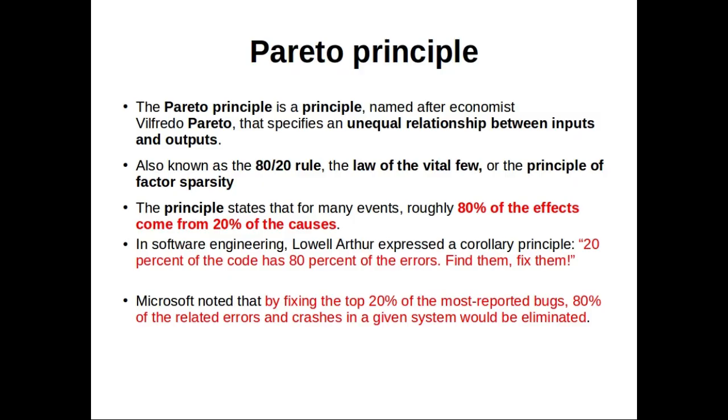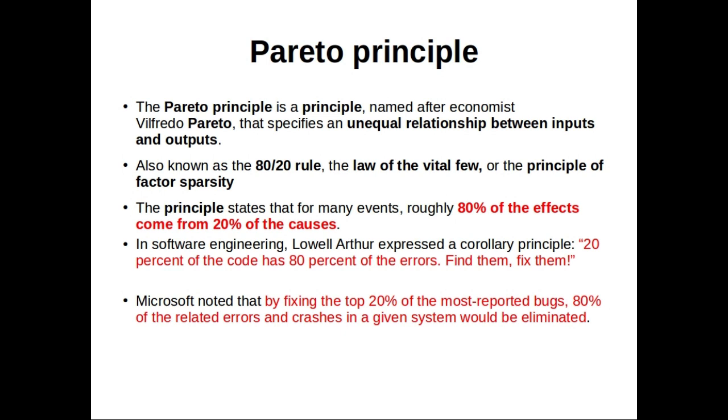Pareto principle. The Pareto principle is a principle named after economist Vilfredo Pareto that specifies an unequal relationship between inputs and outputs, also known as the 80/20 rule, the law of the vital few, or the principle of factor sparsity. The Pareto principle states that for many events, roughly 80% of the effects come from 20% of the causes.